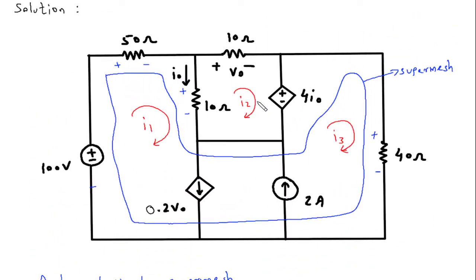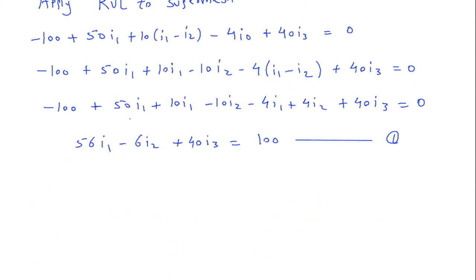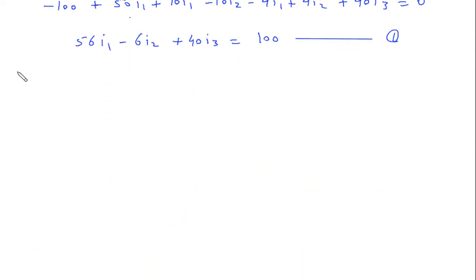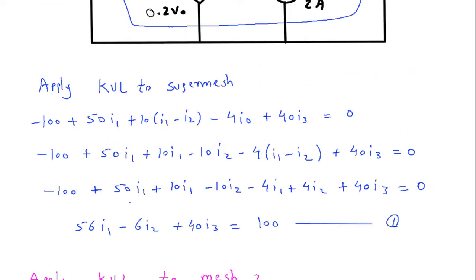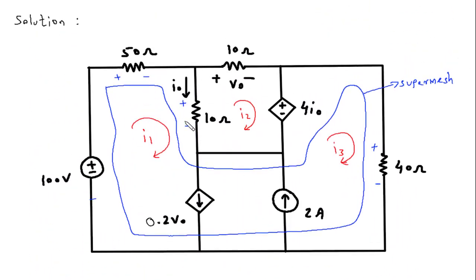Now we will apply KVL to mesh number 2. Let's say we will start from here. So this will be minus, this will be plus, this will be minus.